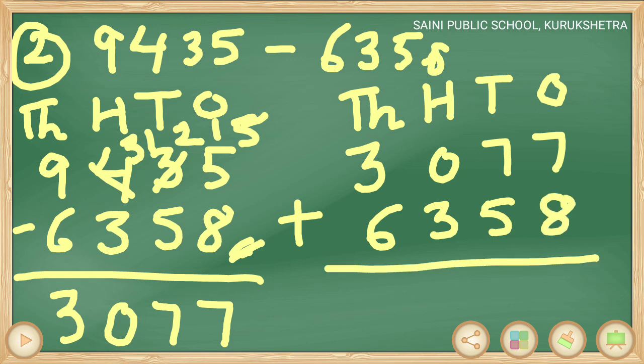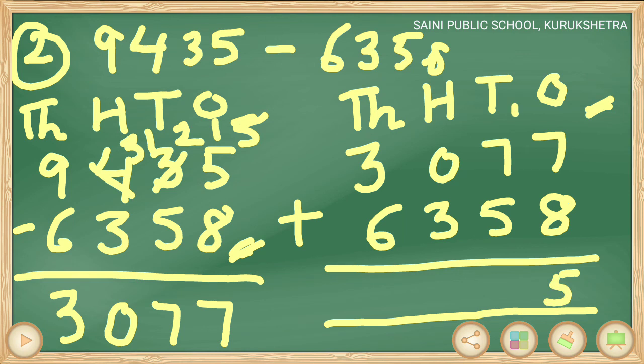Now we will add these two numbers place wise, from the right side. 7 plus 8, we will get 15, so 5 here and 1 carry. 7 plus 5, 12, plus 1, 13, 3, 1 carry. 3 plus 1, 4. Now at 1000 place, 3 plus 6, 9.